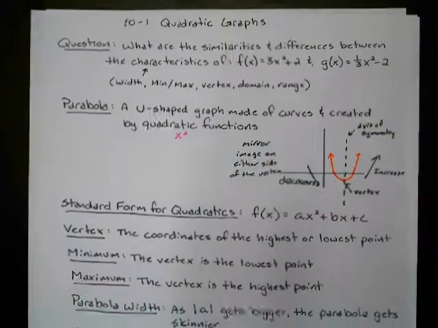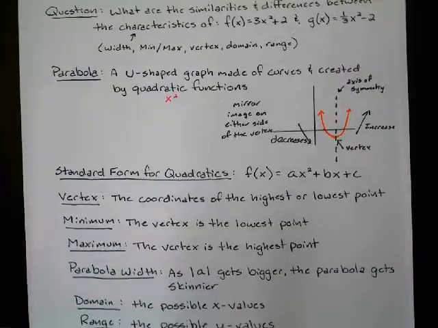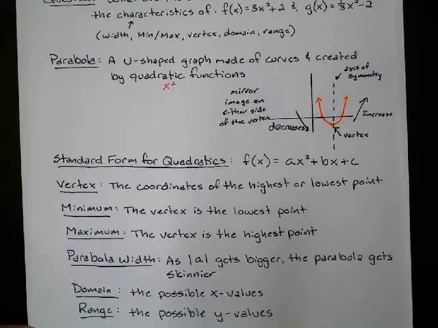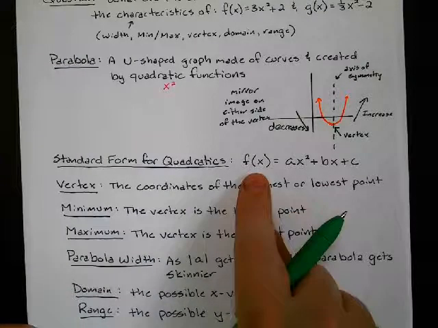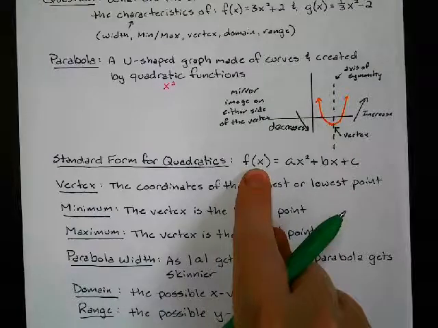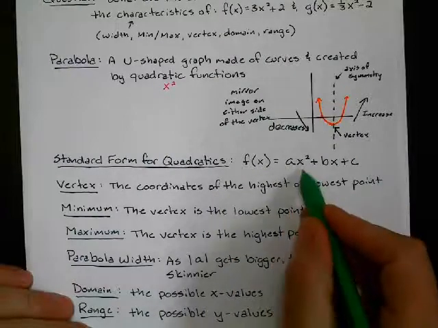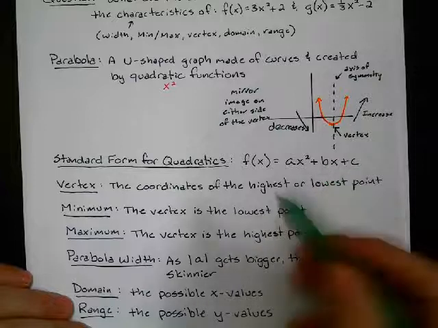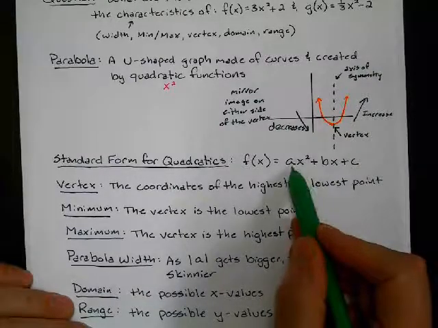All right, so when we have the standard form for quadratics, it's going to be in the form of f of x, or you remember f of x is y, so you can say y equals ax squared plus bx plus c. What this means is that a, b, and c could be numbers.